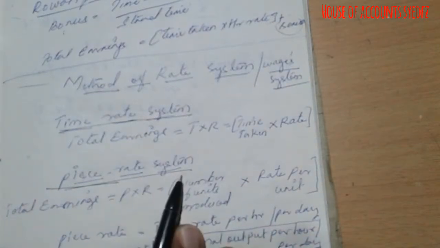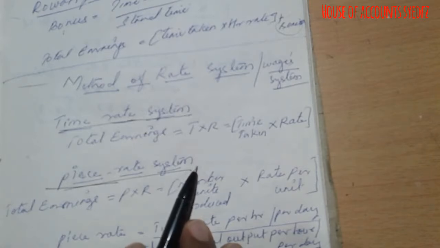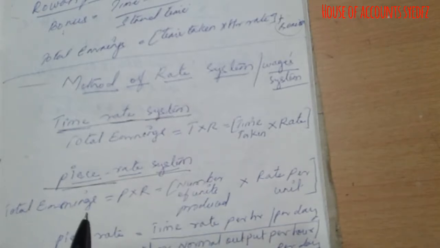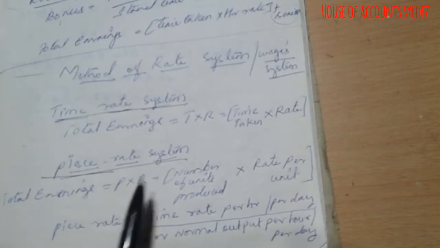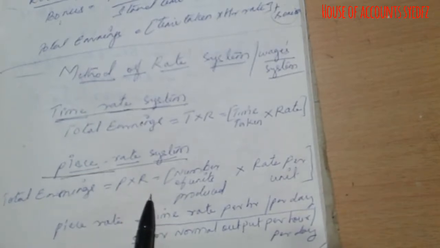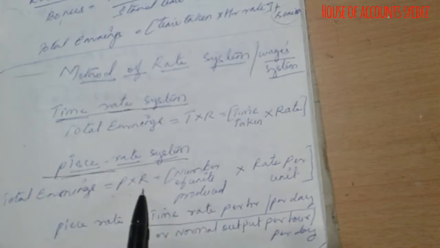And this is the piece rate system. It depends on how many pieces we have produced; according to that, the wages will be given. The formula is total earnings equals P into R, where P means number of units produced and R means rate per unit.